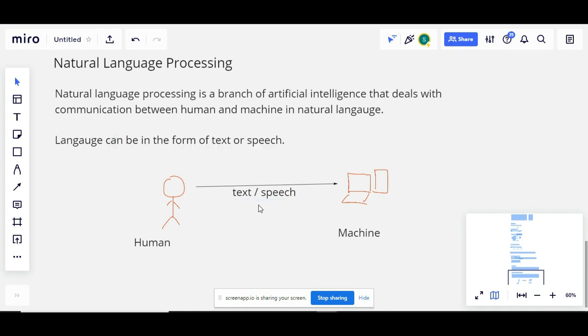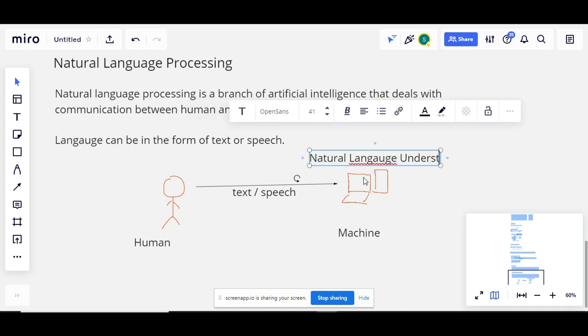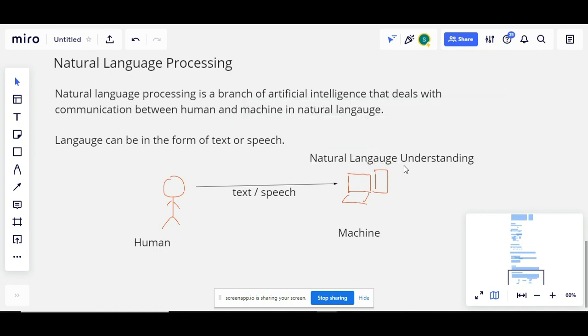And if the machine understands what the human has said, then that is known as natural language understanding. That is, the machine is able to understand the natural language.